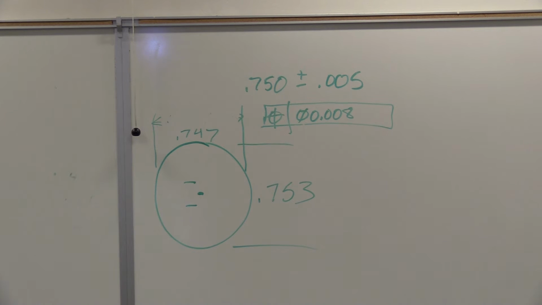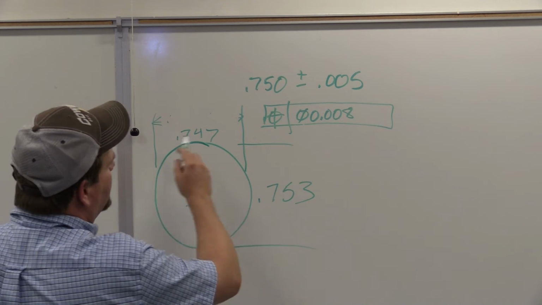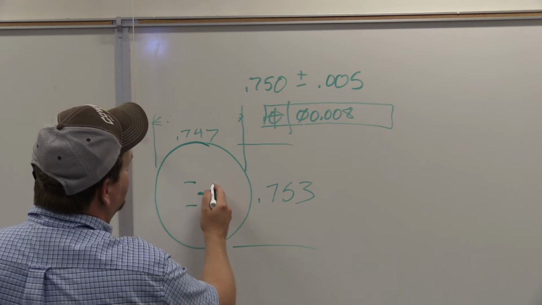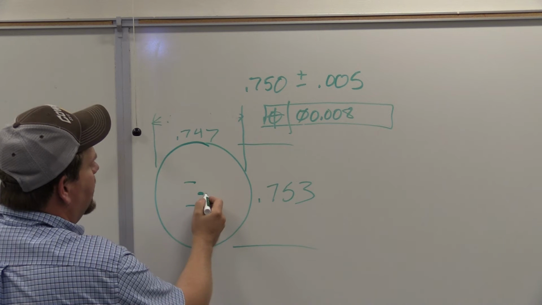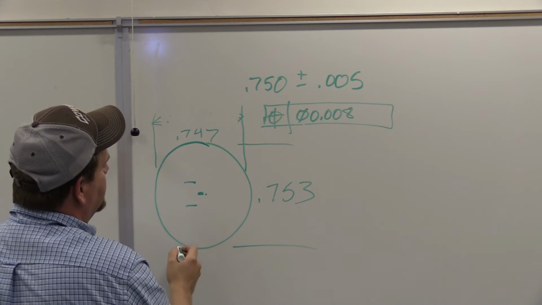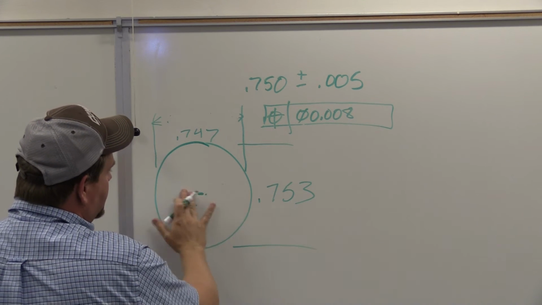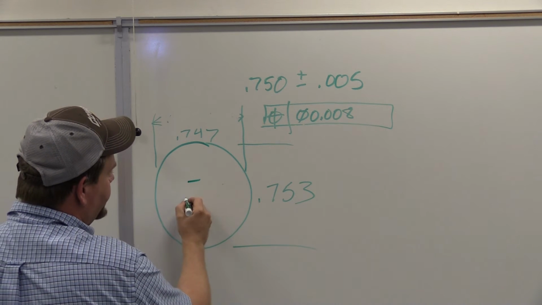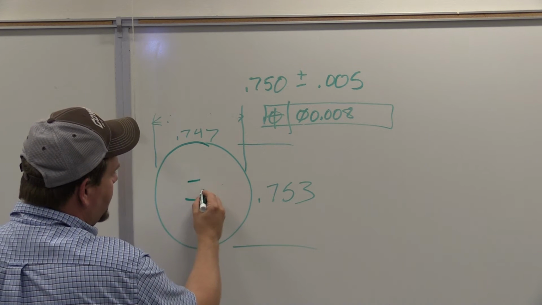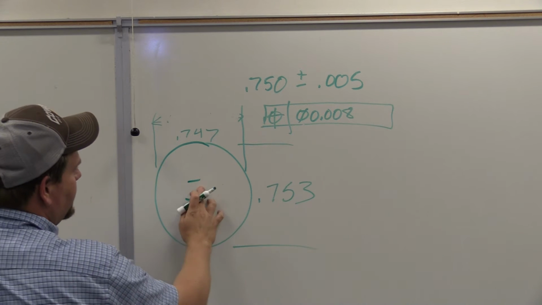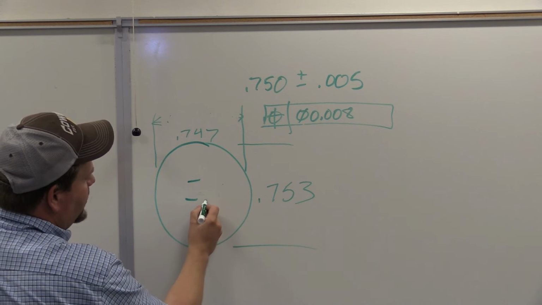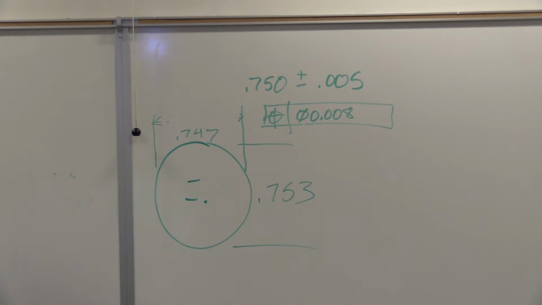So now we have an outside tolerance, but we also have a tolerance saying that it has to be within 0.08 of an inch of the diameter, the center. So if our center portion, naturally we'd think it's here, but if our center of our diameter of the hole was here, we'd be out of spec.